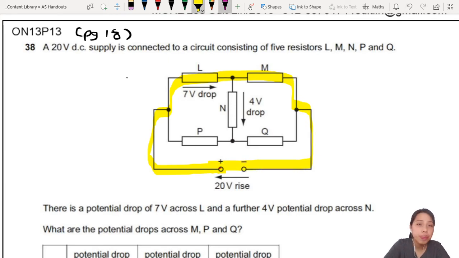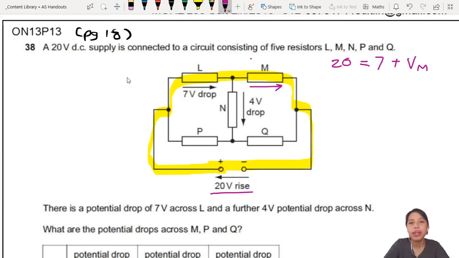That's called one loop. So in that loop, you go up by 20. That means you drop by 7 and then another drop here. I call it VM. Then done already. So 20 equals 7 plus what? 13. So your VM has to be 13.